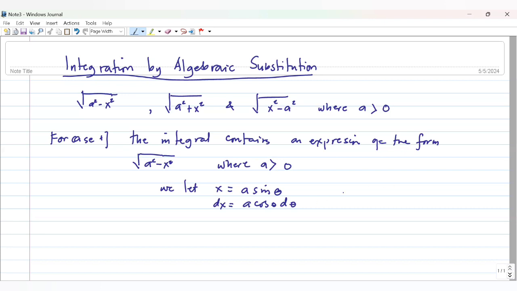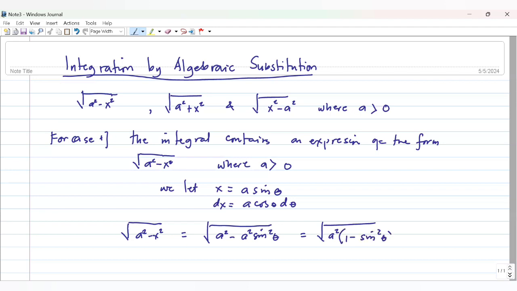Now, this a squared minus x squared, we try to substitute these values. That will be the square root of, of course, a squared minus a squared sine squared theta. So that will be the square root of a squared times 1 minus sine squared of theta.